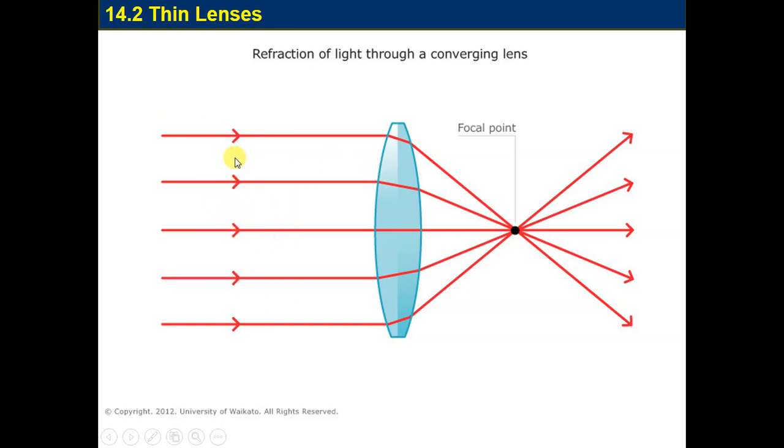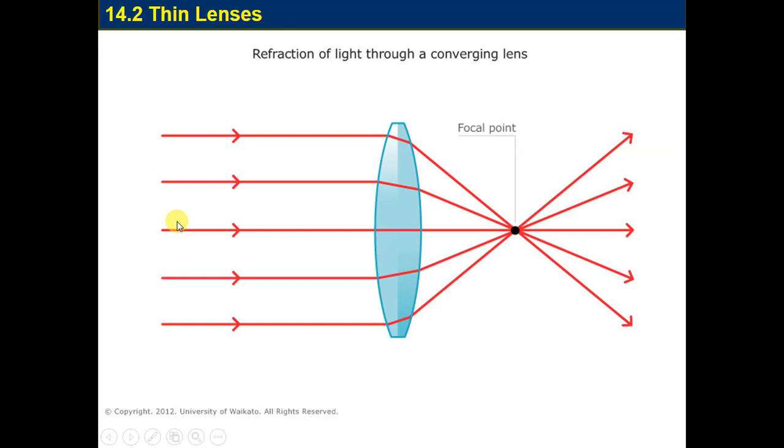Parallel to each other, because these rays have traveled a long distance. So always when we have incident rays that are parallel to each other, we know that our object is very far, it's at infinity, we have a distant object.